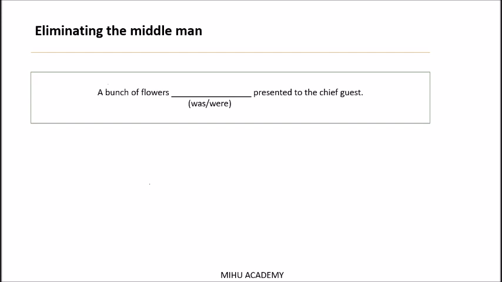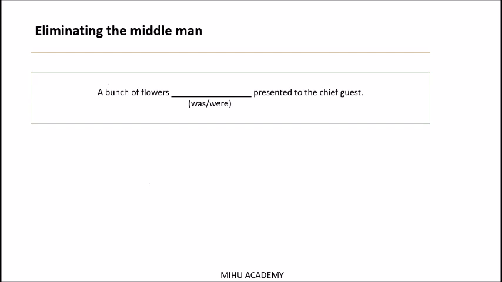If we consider flowers and give more importance to it, then the blank is going to be filled with "were". But the question here is which subject to consider. So apply the eliminating the middleman rule. This rule says that anything that is in between the first subject and verb, eliminate it.